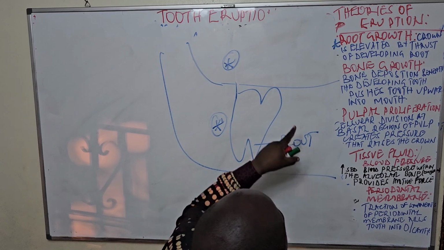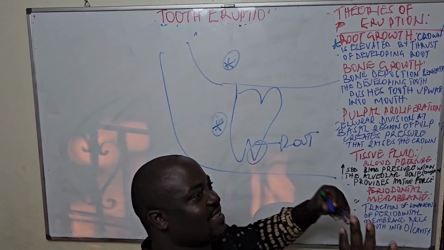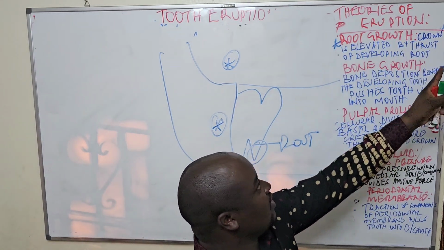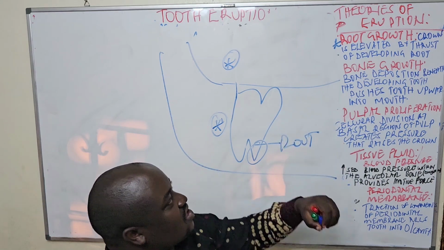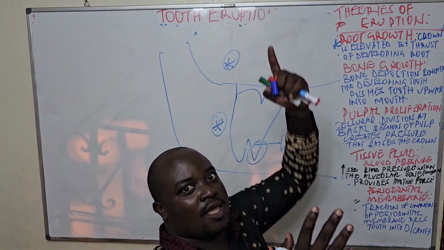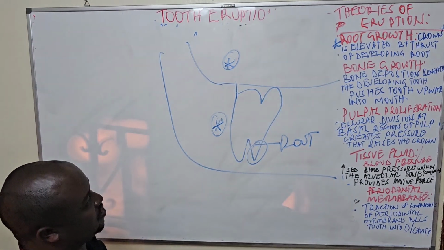That is root growth. As this root grows, it creates a force that will push it. That is what we call root growth theory. It is a force created in the developing root that pushes it into this position in the oral cavity.